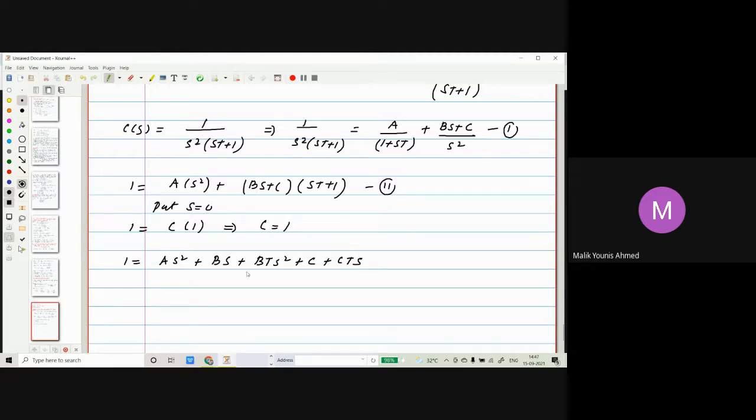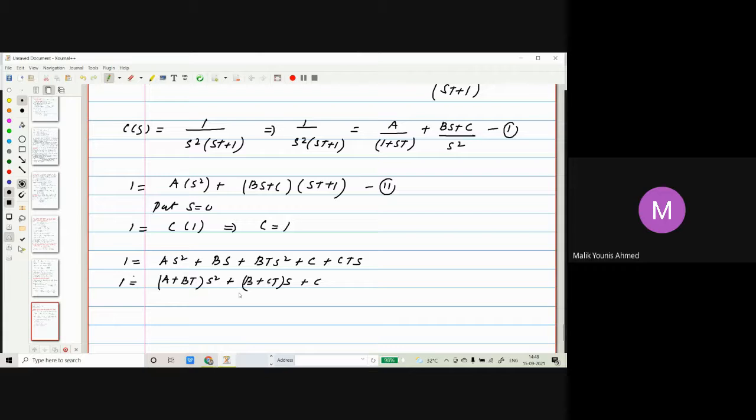Now we can take something common: 1 equals S square (A plus BT) plus S (B plus CT) plus C.